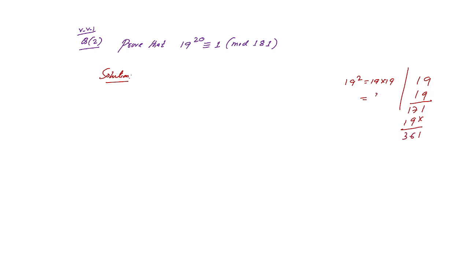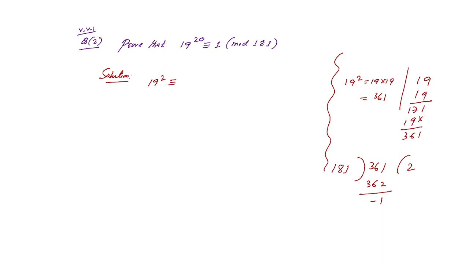361. So this value is basically 361. If we divide 361 by 181, 2 times is 362, so minus 1.